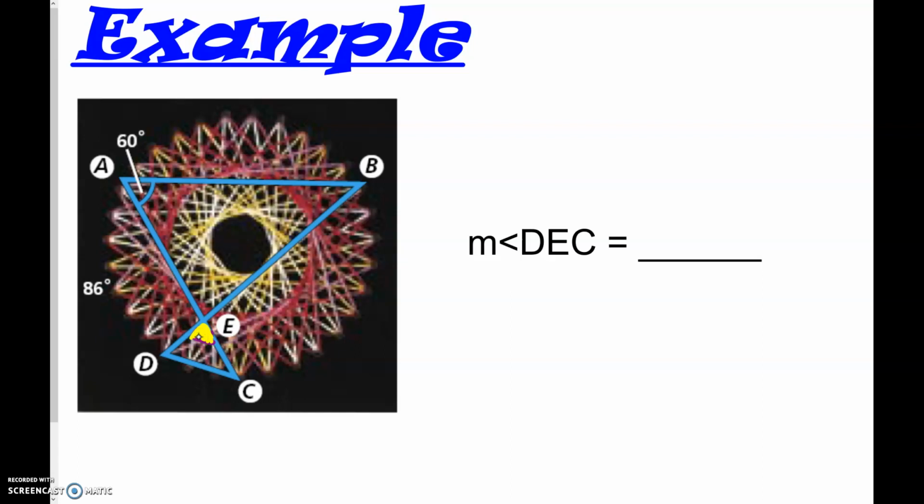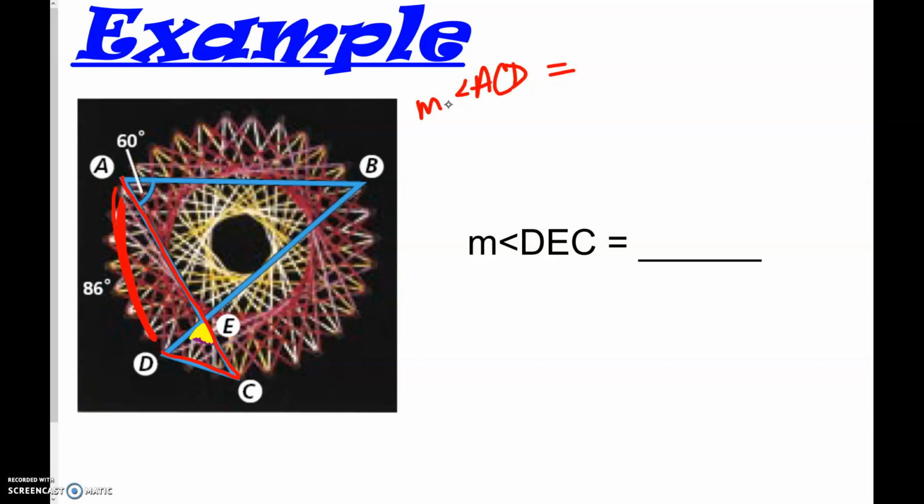The first thing I'm going to do is find angle C, and let me call it angle ACD to make sure we're all on the same page. Angle ACD has this intercepted arc of 86. So if that is 86, what is the measure of angle ACD?